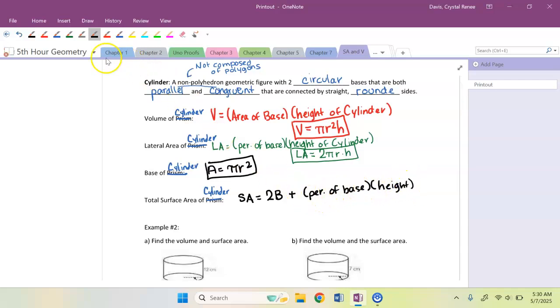Once again, we can break this down into easier terms. The surface area is 2 times the area of the base, which is pi r squared because it's circular, plus the perimeter of the base, the circumference 2 pi r, times height. This is how you find it.